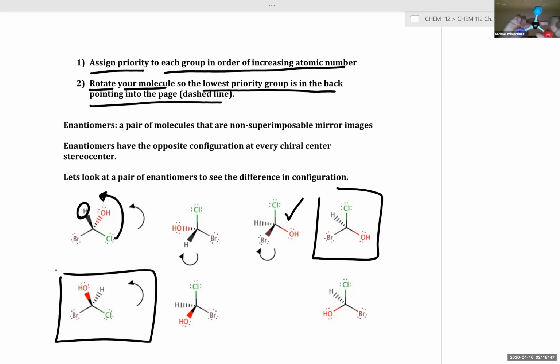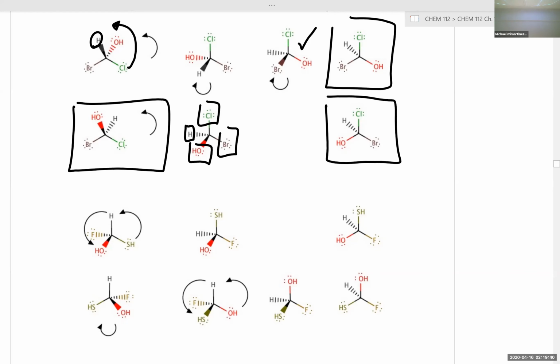Okay. So now we're going to take a look at another set of atoms. In this case, we're going to look at a side-on view. So we're looking at the following molecule here. I'd like you just to know that the purple is the sulfur and the blue is the fluorine.